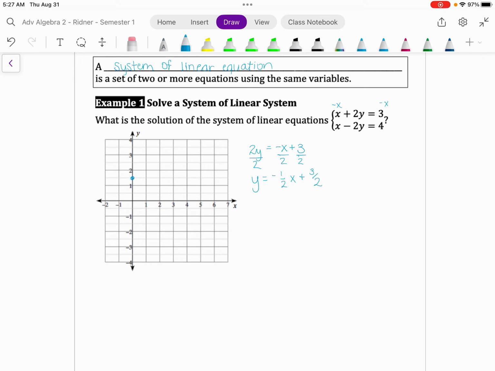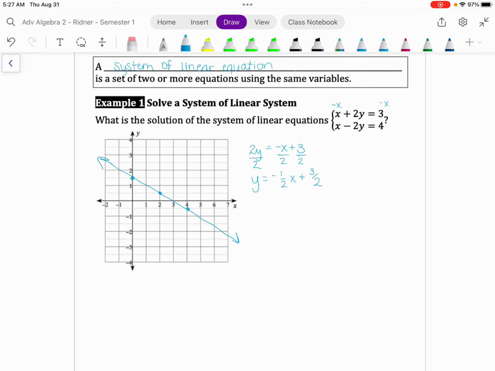And I'm going to do my best to go down 1 over 2, down 1 over 2, because I have a negative 1/2 x slope.